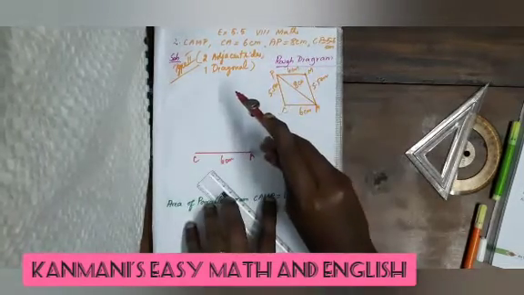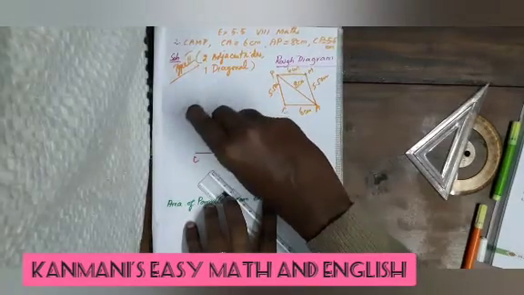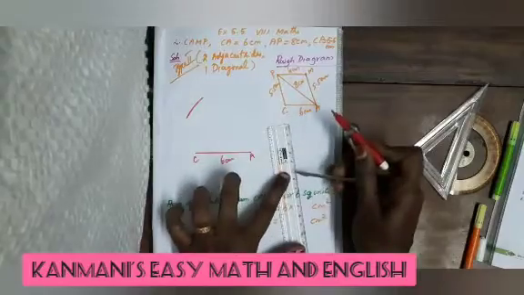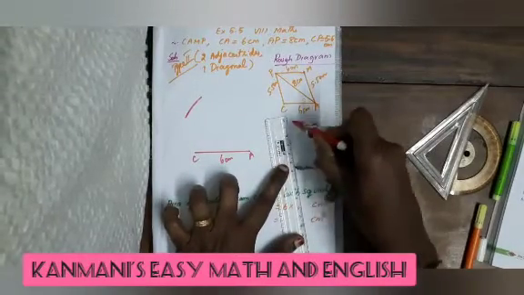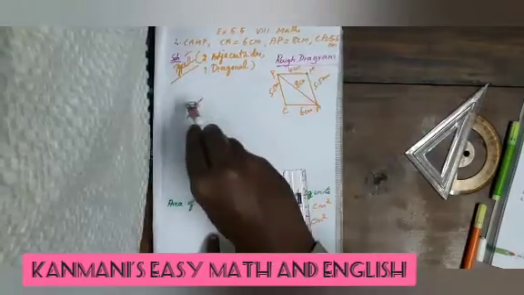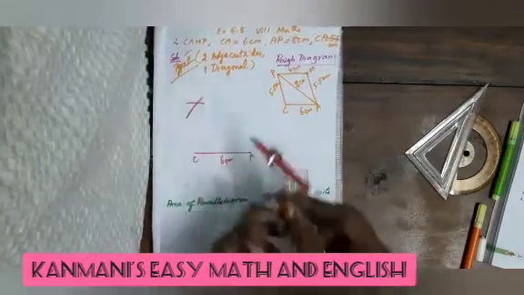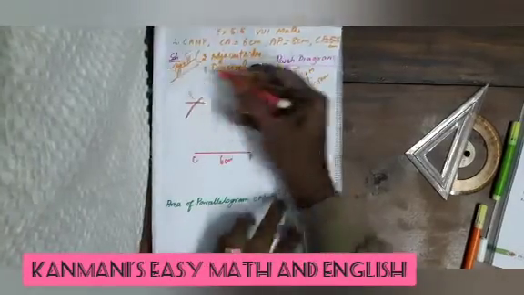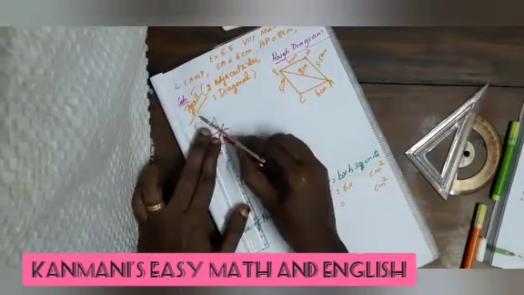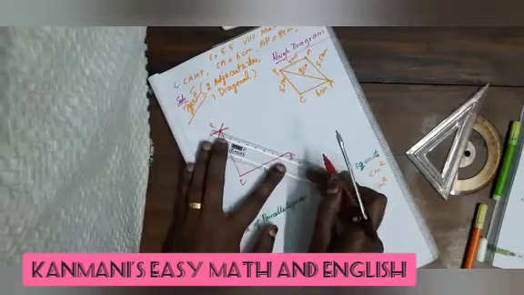And with A as center, draw an arc over here. And then CP is 5.5. So let us take 5.5 in our compass. And with C as center, let us draw an arc to cut the previous arc at P. Let us now join CP and AP so that we will be getting a triangle first.